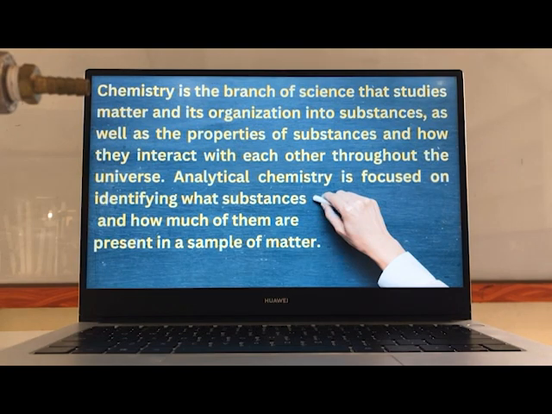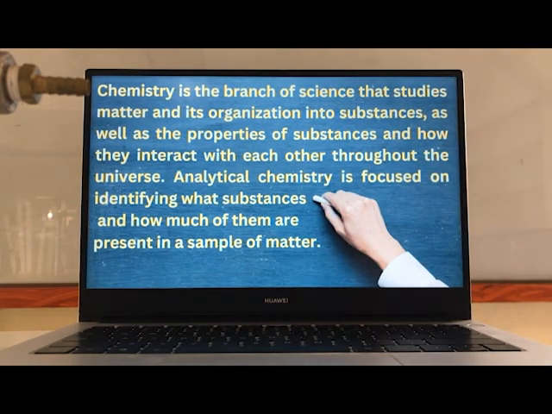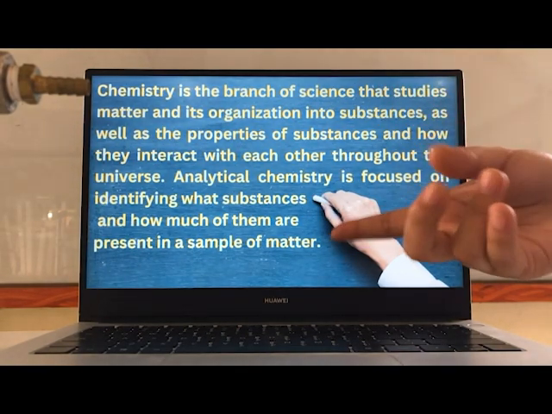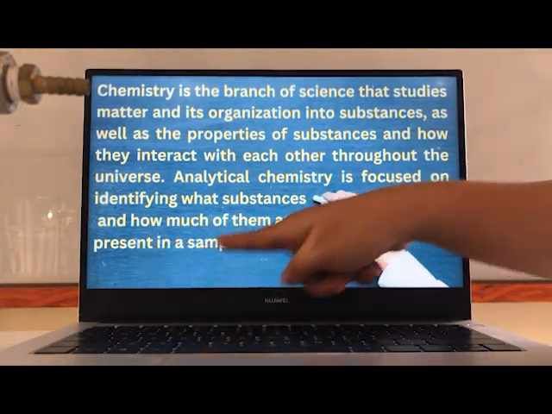So, i-identify nimo how much katong ml nga reagents nga dapat ibutang dito para maka-come up og somehow solution. Like sa amo magbutang kag methylene na color blue, pila dapat ka fix na amount of methylene ibutang nimo dito. So maano jud ka dili ta ma-fall sa how much of them are present in a sample of matter.